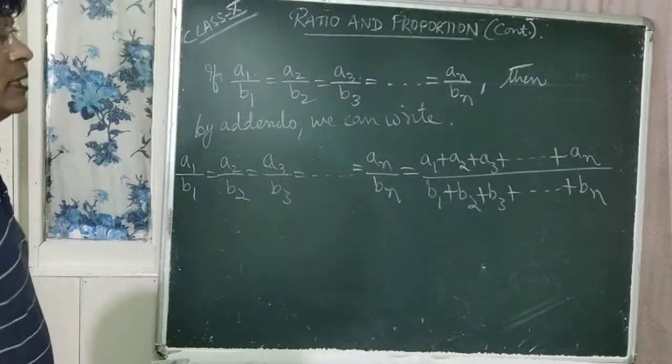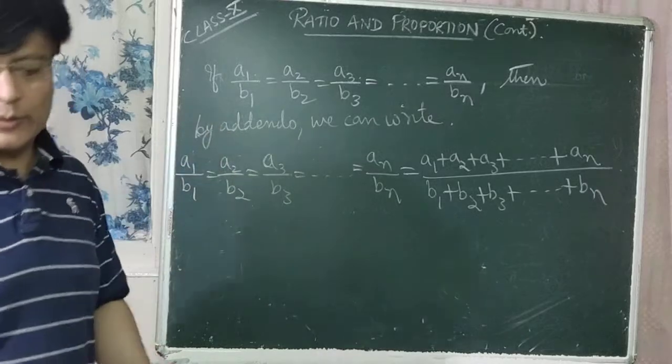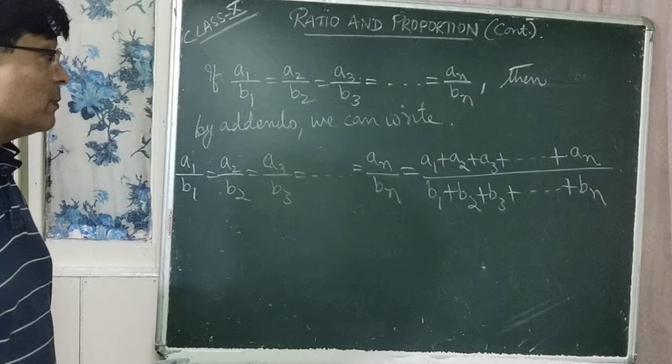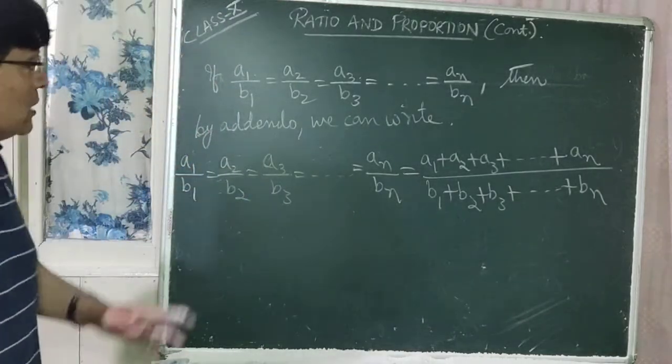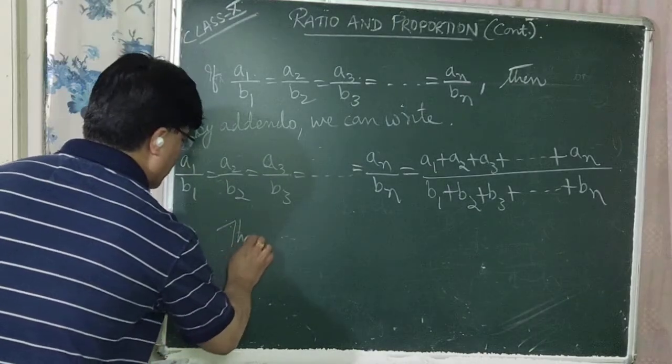So this property of proportion is known as what? This is known as addendo. Is that clear to all of you? So you have to remember this property also. Okay. So this property of proportion is known as what? Addendo.